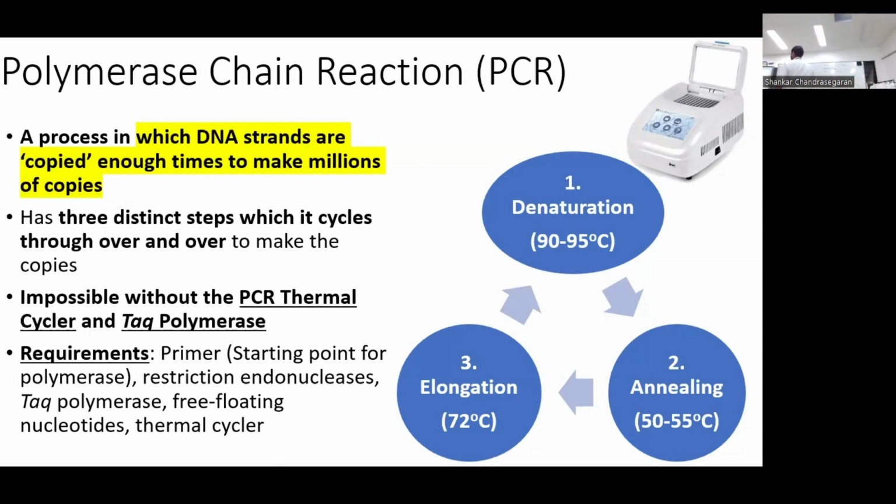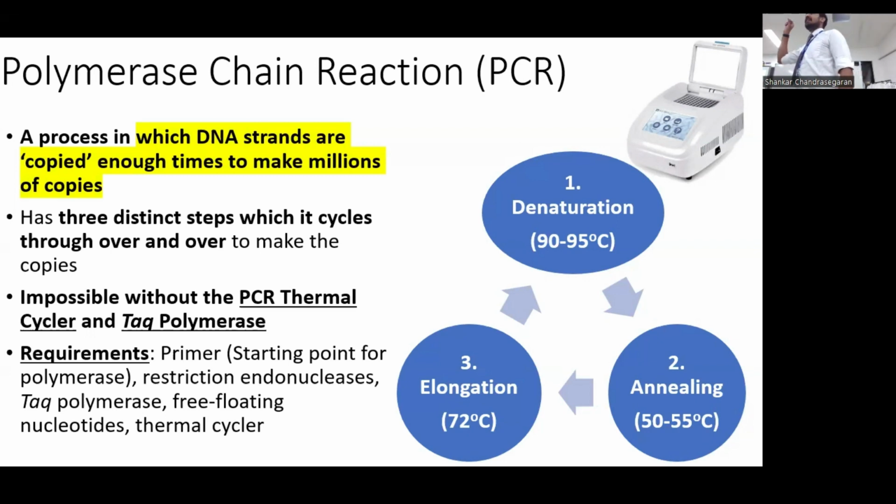That Taq polymerase is actually obtained from a bacteria that is located in hot springs. So that's the reason why we have to use that bacteria, is because it needs to be able to function at a high temperature. So we were looking for a DNA polymerase that can function at a high temperature. That's why we found Taq polymerase, which is from a bacteria that survives in a hot spring.